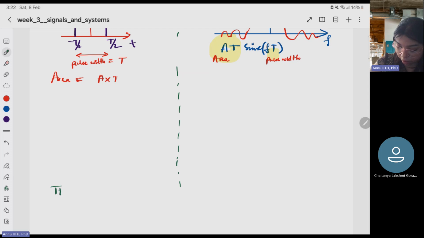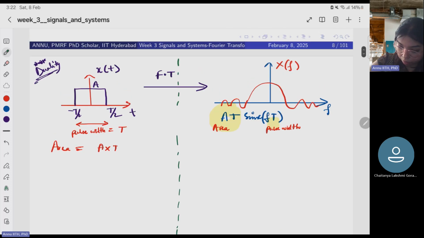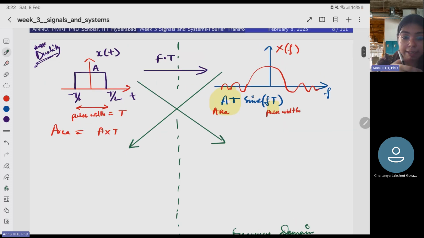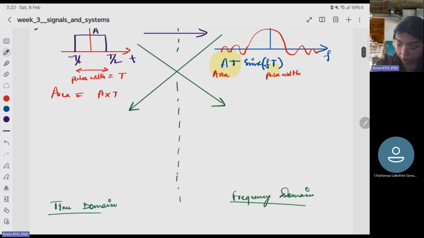This is the time domain. This is the frequency domain. Remember, the left side is the time domain, the right side is the frequency domain.